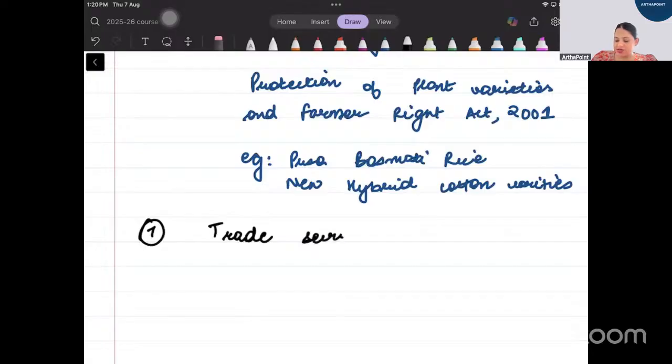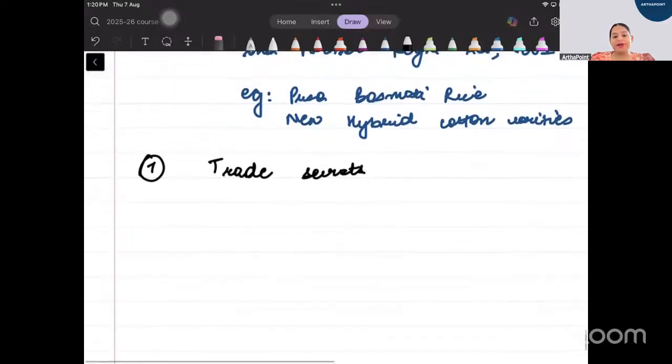trade secrets. Trade secret is when you have a particular secret of why you're able to do something in a particular way, like Coca-Cola's recipe for making the cold drink, like the Google search engine algorithm, right?